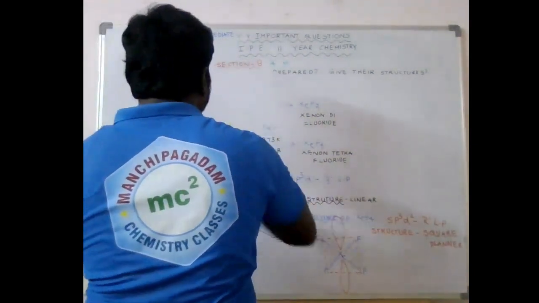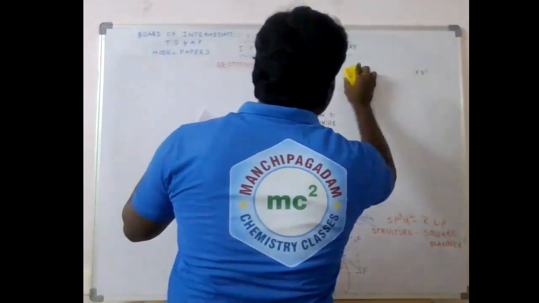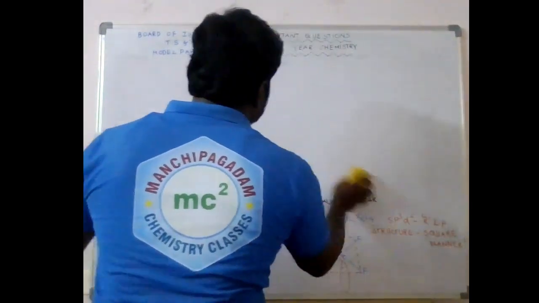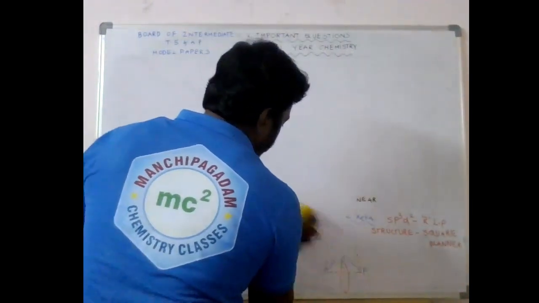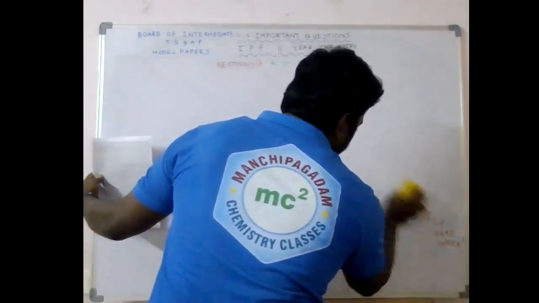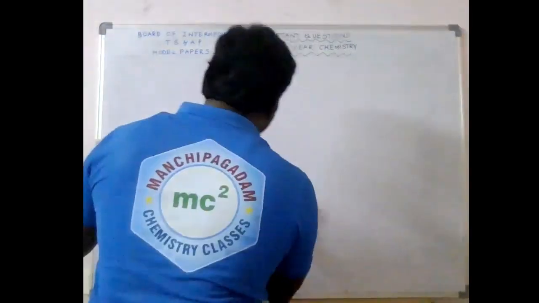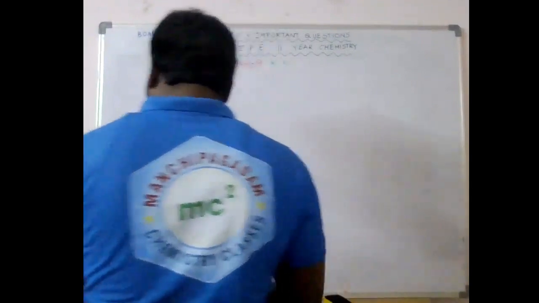In the coordination compounds, very important question. That is IUPAC nomenclature of coordination compounds. Correct? He has given 4 coordination compounds.